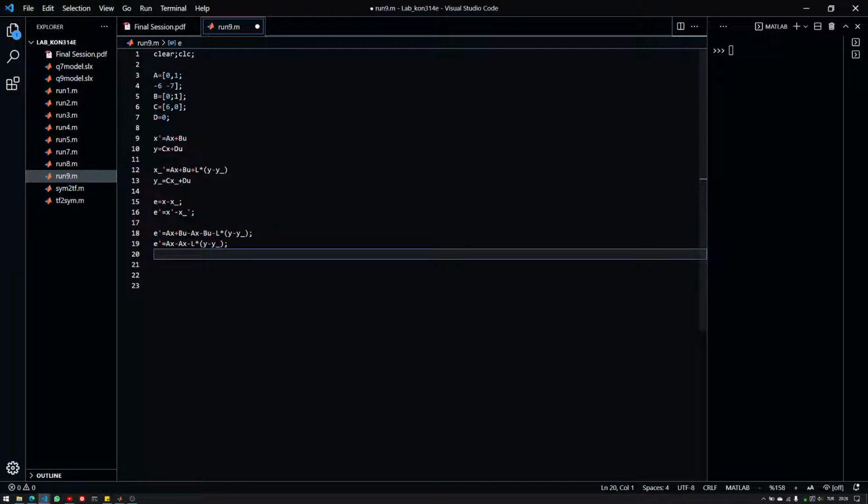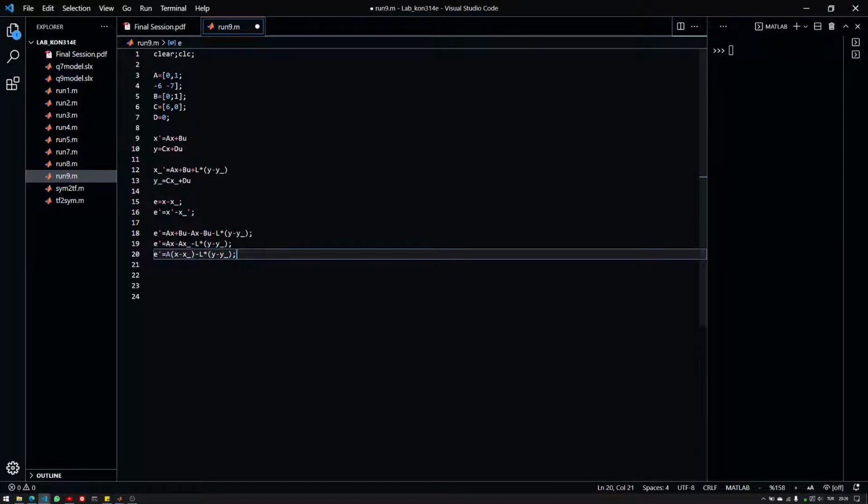And then I can also see that Ax minus Ax underscore can be simplified into A times x minus x underscore.